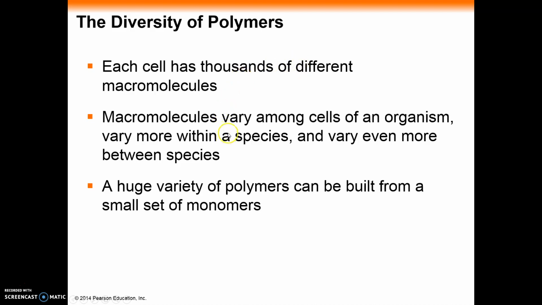These macromolecules can vary from cell to cell depending on what that cell's job is. They can also vary between species. Now, you can build an almost infinite number of polymers from a fairly small set of monomers. There's no limitation to how many things we can build from these individual subunits.